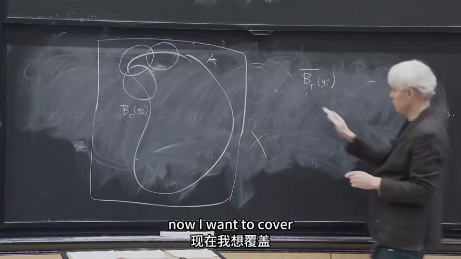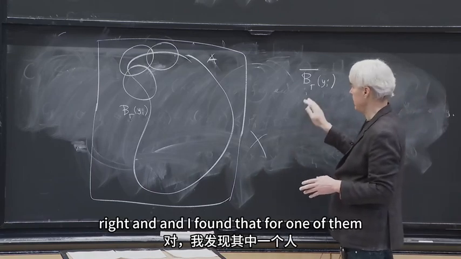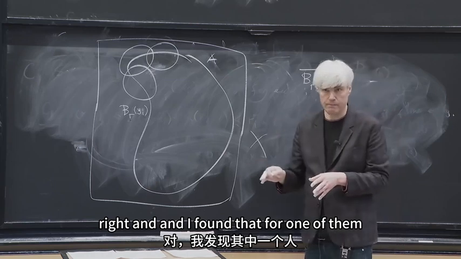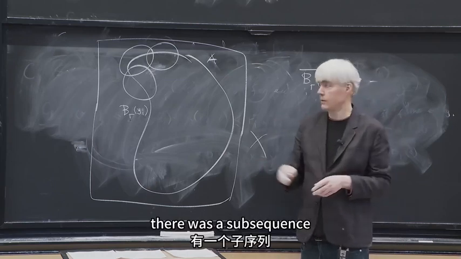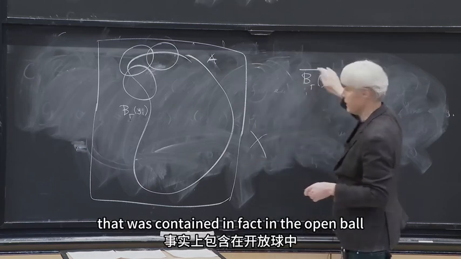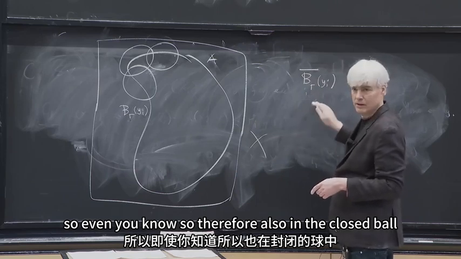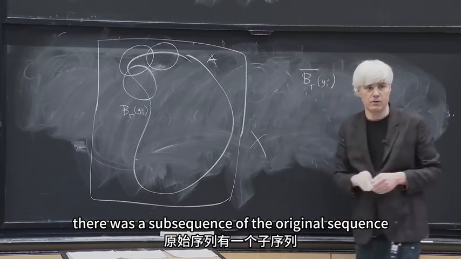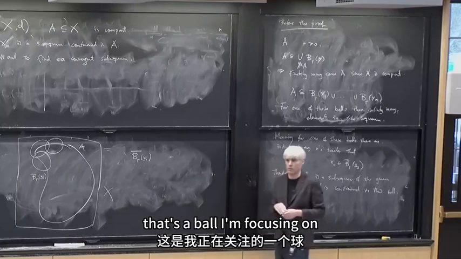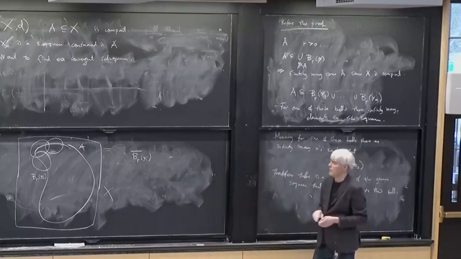Now I want to cover, right? And I found that for one of them, there was a subsequence that was contained, in fact, in the open ball. So therefore also in the closed ball, right? There was a subsequence of the original sequence. That's the ball I'm focusing on, right?